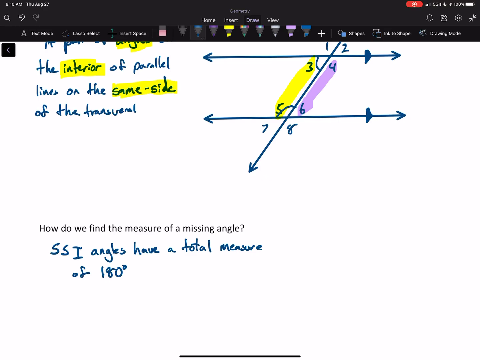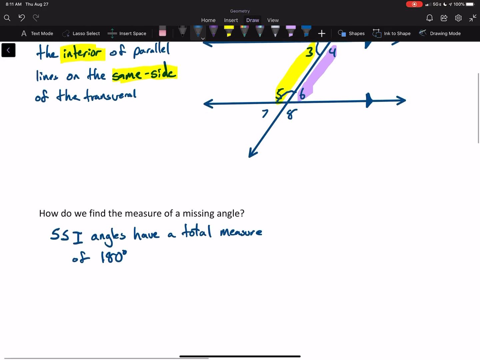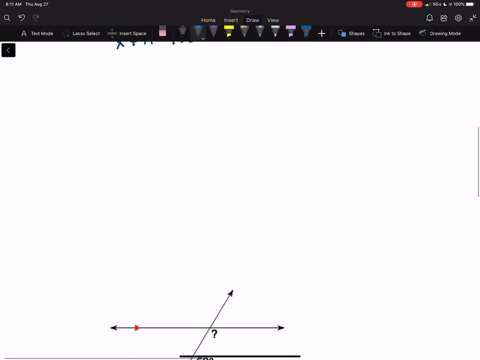So to find them, you just use the formula. So you say the missing angle, we'll just call that x, plus the angle we know equals 180. Whatever, this is the one we know, and then x is the one we don't know. All right, so let's see what that looks like in some examples.